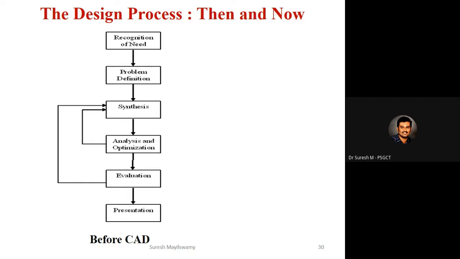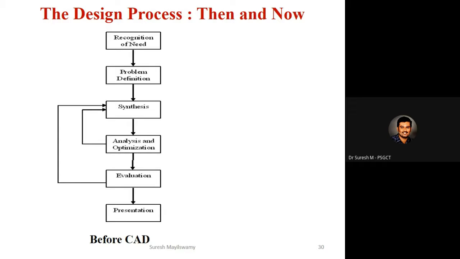If not, we will go to synthesis again, develop a solution again, and then do the analysis. After that we will evaluate. If this design is perfect, it is okay, then we will move on to the next stage, called presentation.